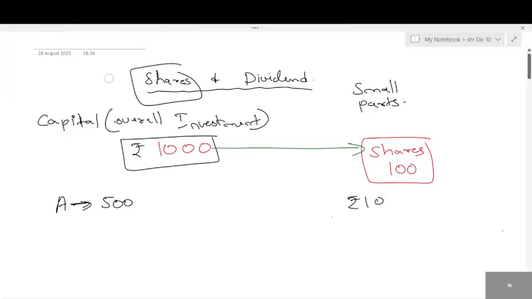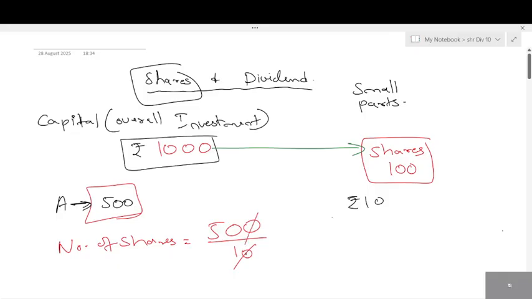The owner invests 500. If each share is rupees 10, how many shares does the owner buy? How many shares does he buy, students? Number of shares. So 500 divided by 10. See how complicated it looks to calculate all these things.